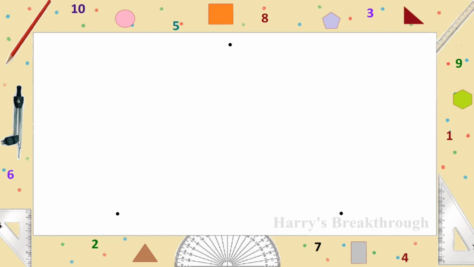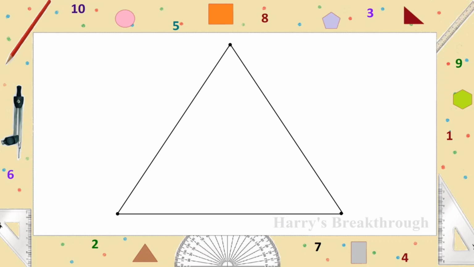Here there are 3 broomsticks and you got 3 points. Then you have to join these 3 points, like this. So you got the shape of a triangle, right?